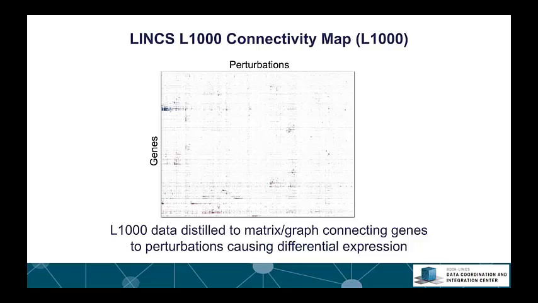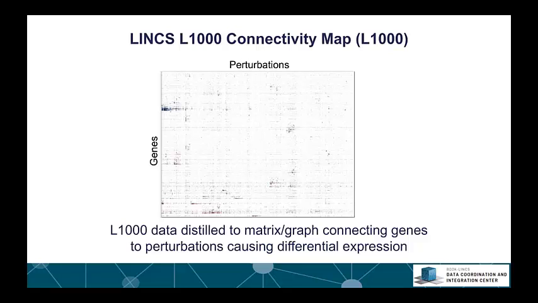Because of the massive size of the L1000 dataset, what's shown here in this heat map is only 1,000 columns corresponding to 1,000 signatures of differentially expressed genes. The columns of this matrix can be compared to learn which small molecule perturbations have similar effects on gene expression and which have opposing effects.